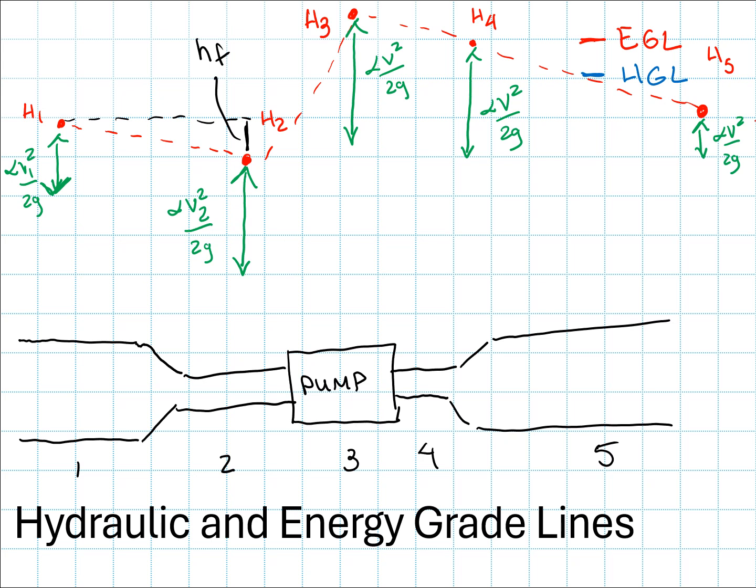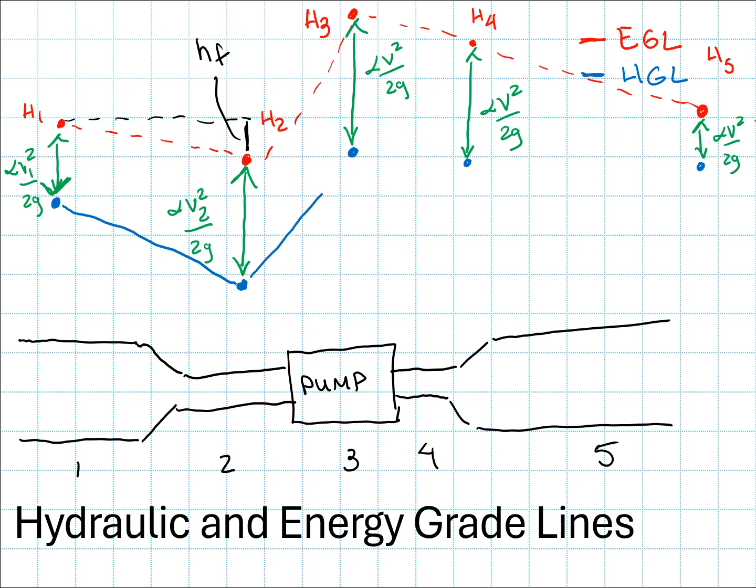And so if I want to construct my hydraulic grade line, I now have all the points that I need to do that. So I've got a decrease right away in my hydraulic grade line that has to do with the increase in velocity head as my pipeline contracts.